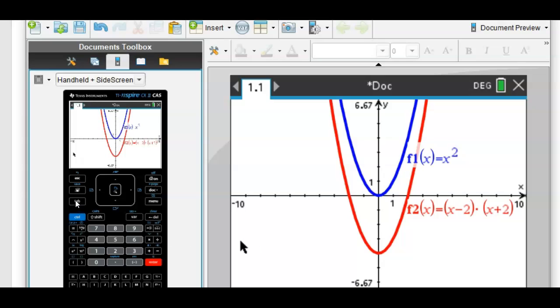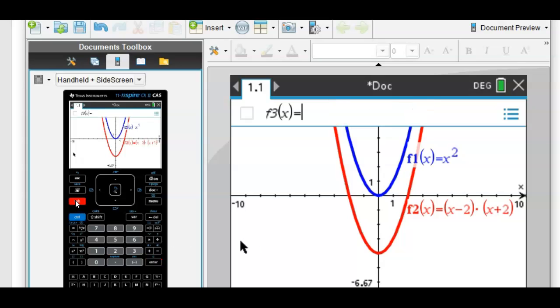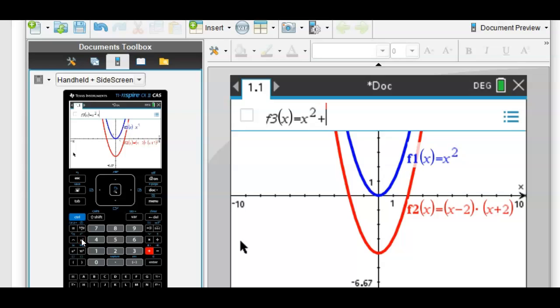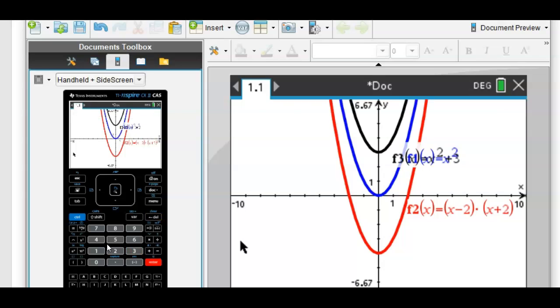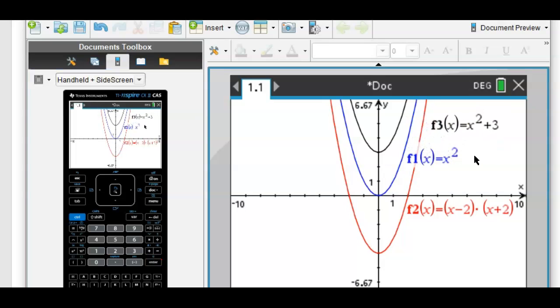All right, I'm going to show you another parabola. This time I'm going to show you one that doesn't cross the x-axis. Let me do 3. Okay, so this black one here doesn't cross your x-axis. I'll just move this so you can see the label of it. If I look at this equation, it's been shifted up by 3. You don't have to know that just yet, but when we do parabolas, you'll explore all the different sorts of transformations.